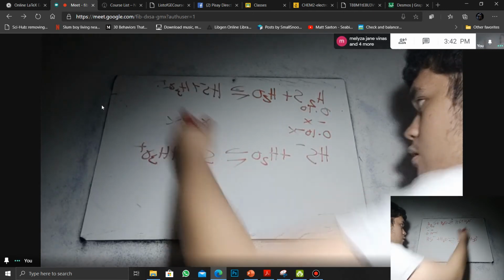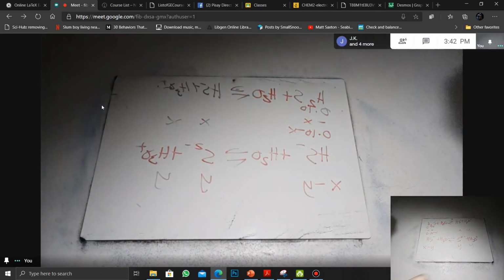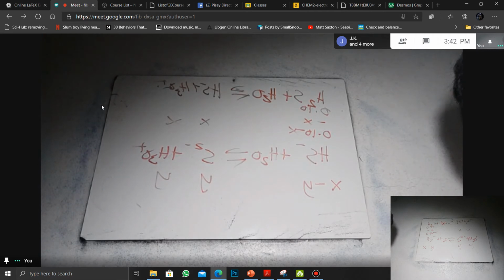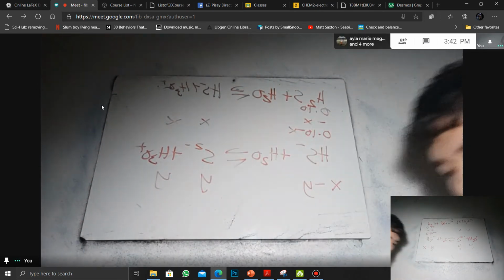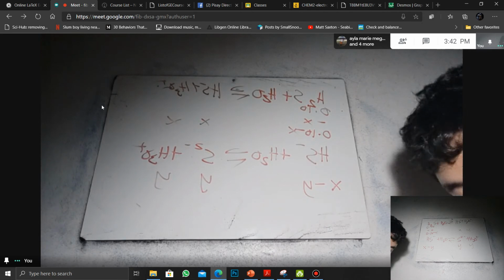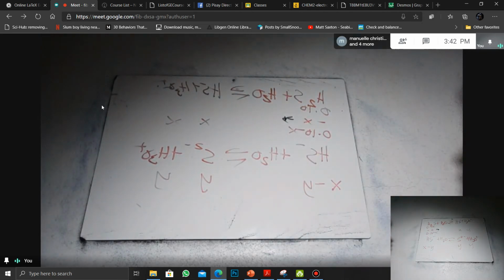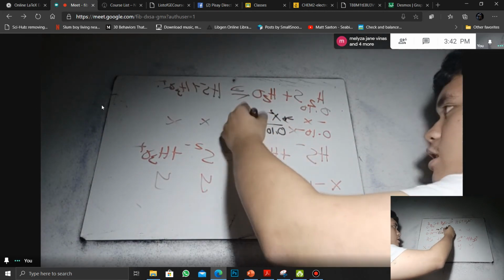Diretsuin ko na, x minus y, y, y. Wala isang marker ko. Tapos, we can solve for the values of x and y. Kasi given yung mga KA. Dito muna. X squared over 0.10 minus x equals Ka1.